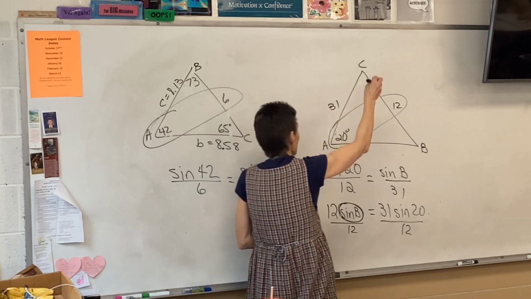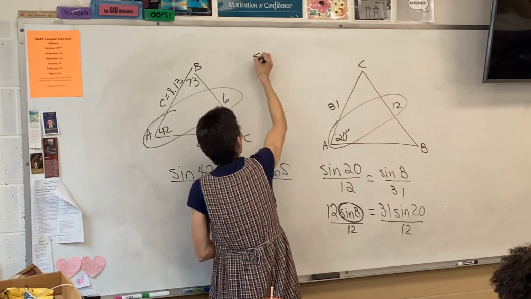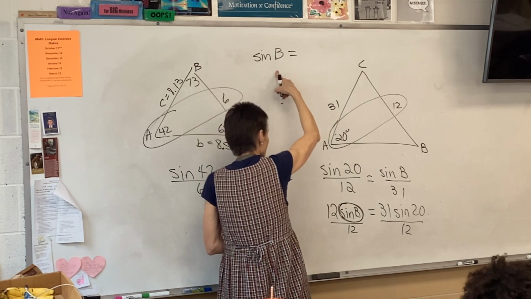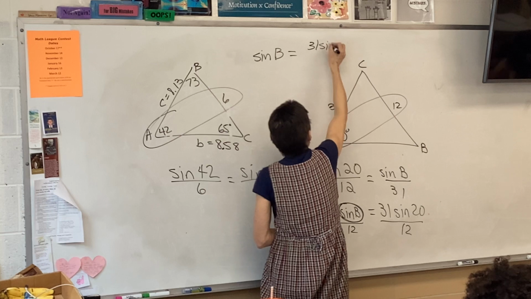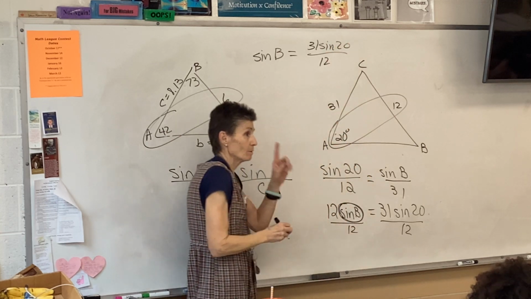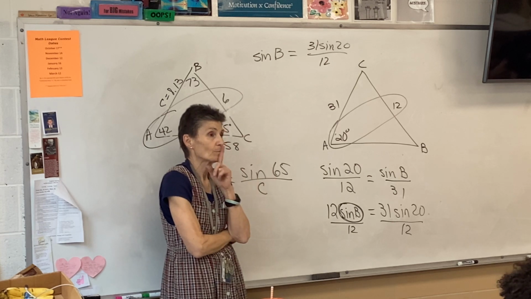Now, before you go to the calculator, I want you to look at what you have. Sine B equals 31 sine 20 over 12. Wait one second.